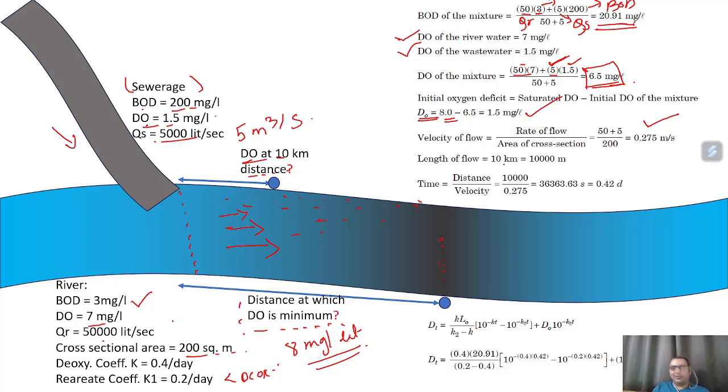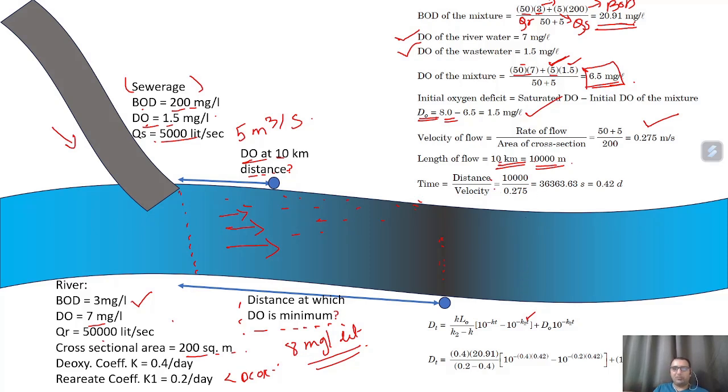Now the length of the flow is, this is our question actually, what is the deficit of DO at 10 kilometer distance. So the length of flow is 10 kilometer, which is 10,000 meters, and I am using this quantity to find the time, that is T, which we will be inputting here.